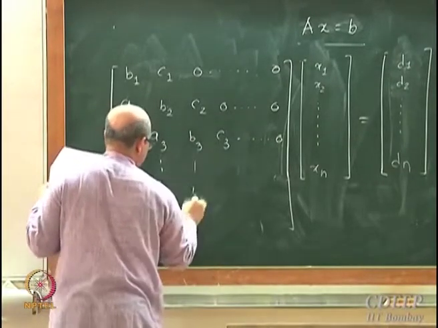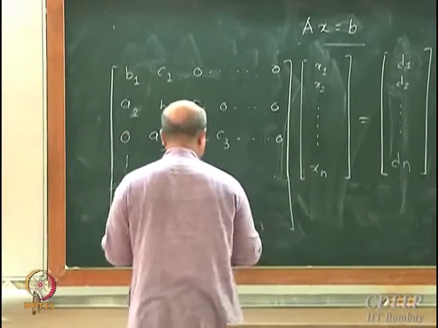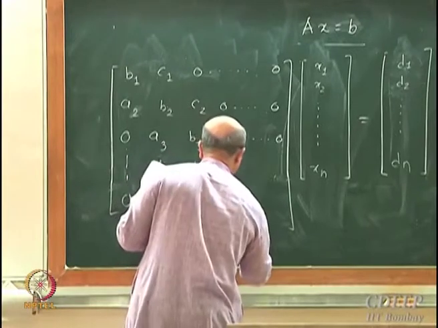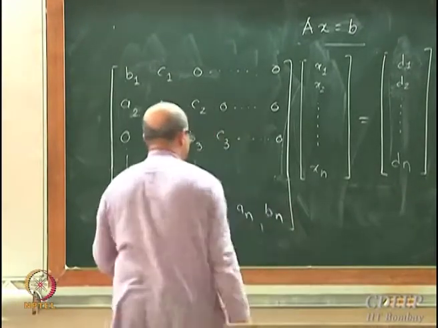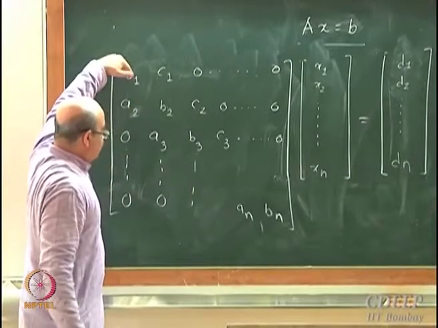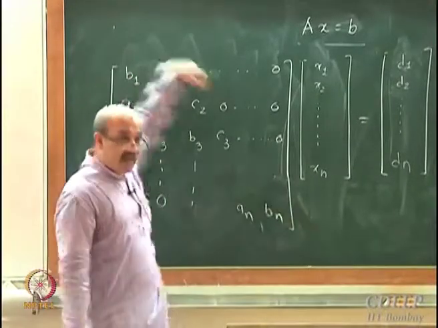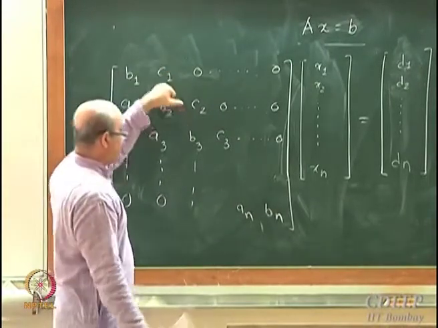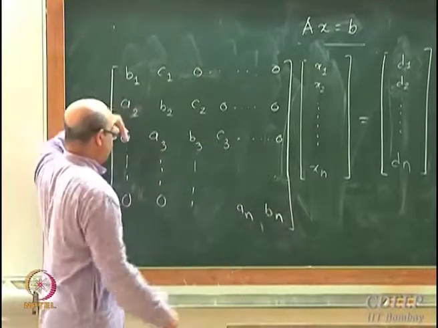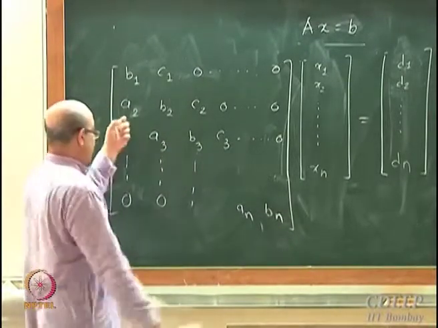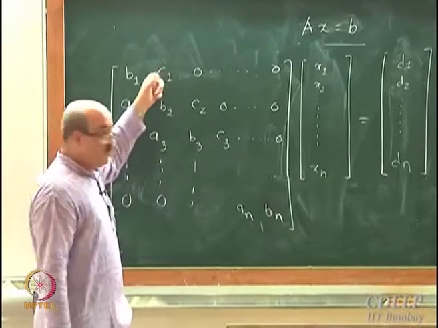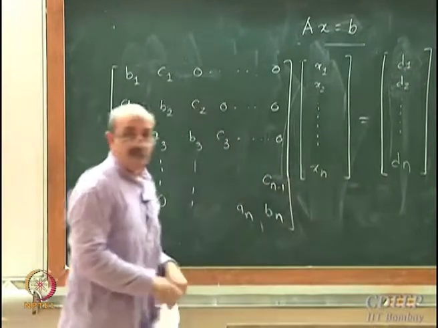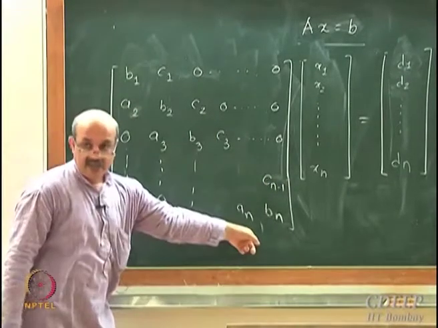You have zeros here, and then finally you will get an, bn. So you have b1, b2, b3 up to bn, that is the main diagonal. There is one more diagonal above this which is c1, c2, c3, and one more diagonal below this, a2, a3. This starts from a2 and ends at an, and the upper one ends at cn minus 1.